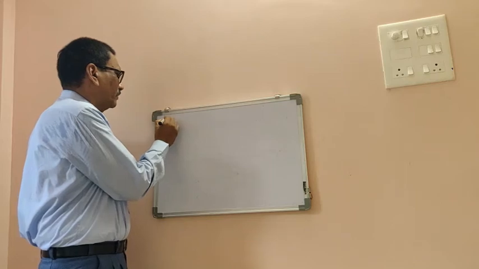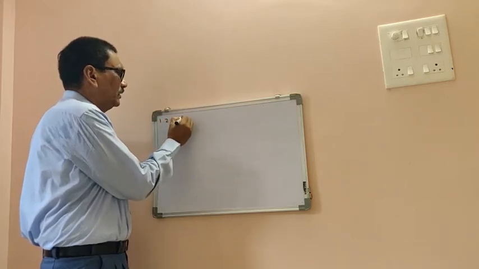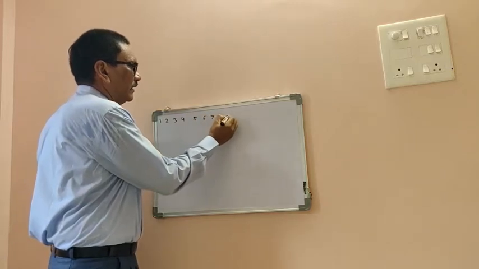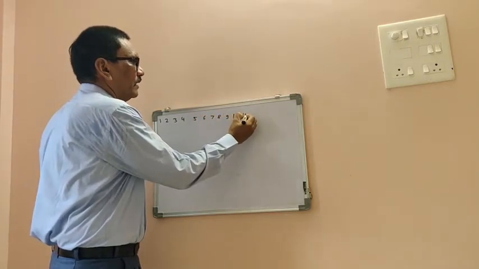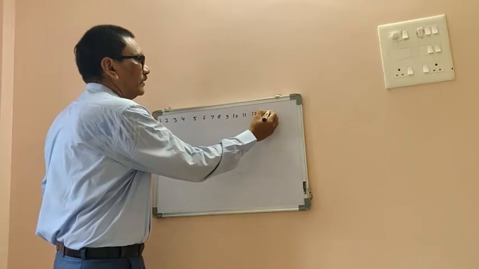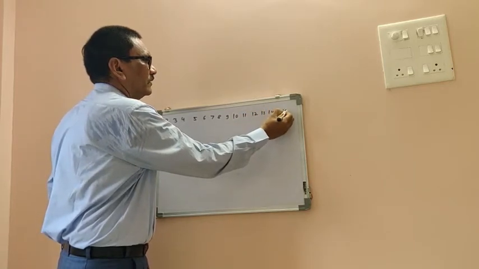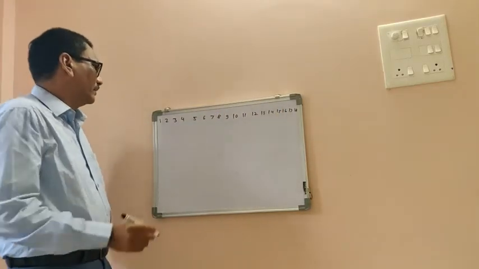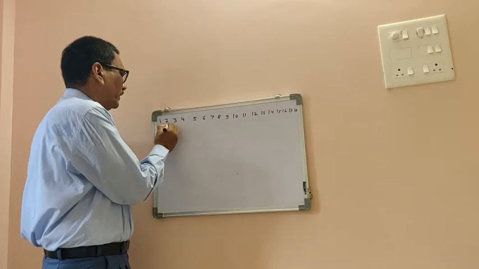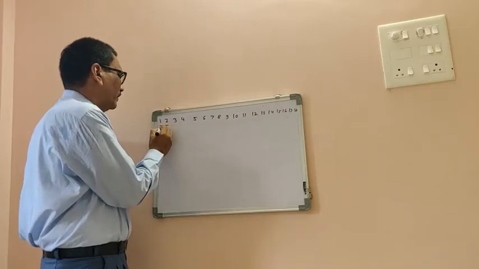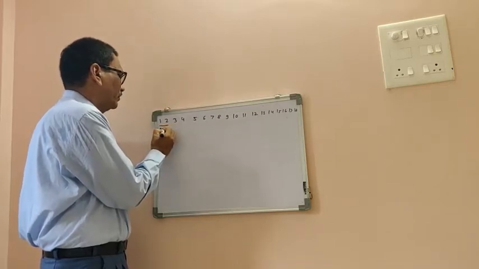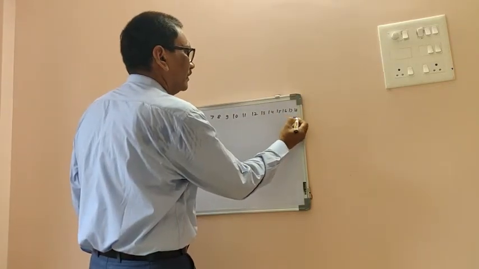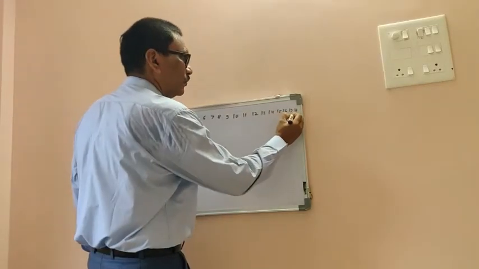Groups are 1, 2, 3, 4, 5, 6, 7, 8, 9, 10, 11, 12, 13, 14, 15, 16, 17, and 18. So here is group 1, starting from atomic number 1, first period, hydrogen. Then at the end we have helium in group 18 with atomic number 2.